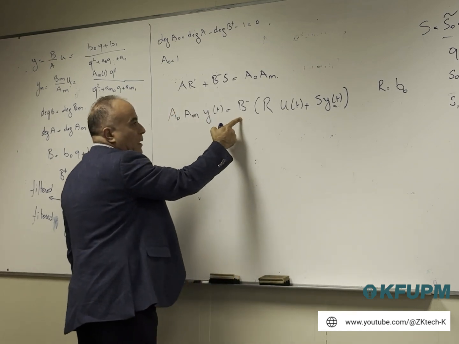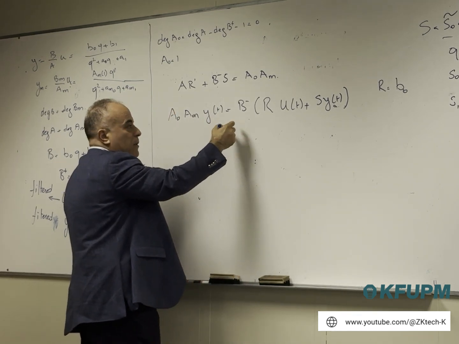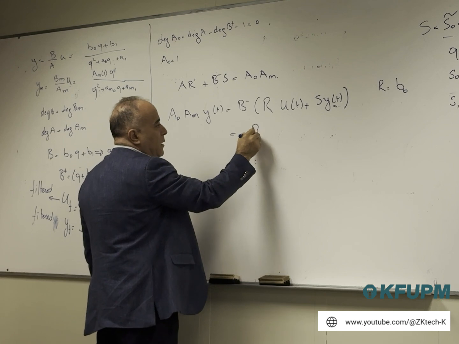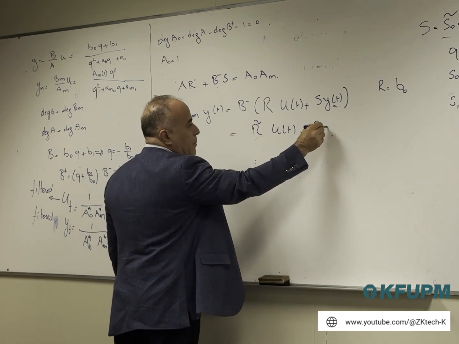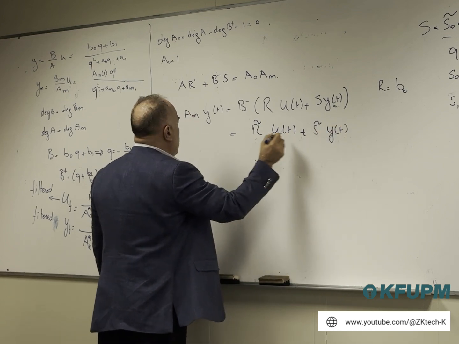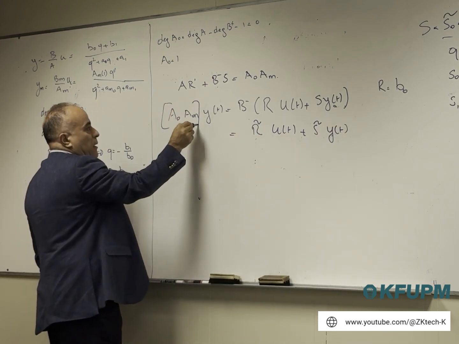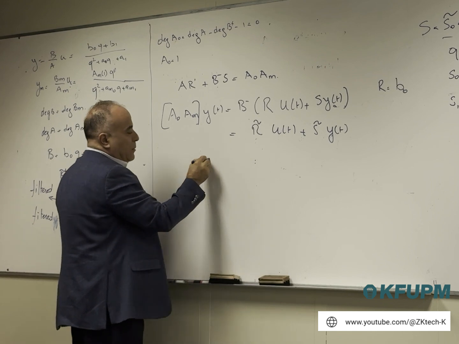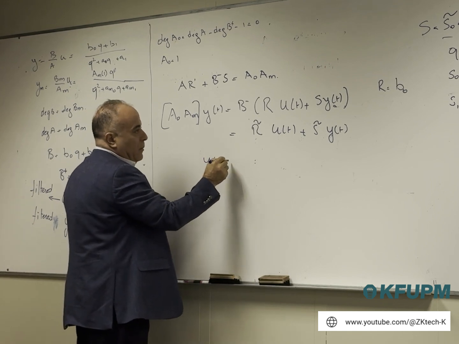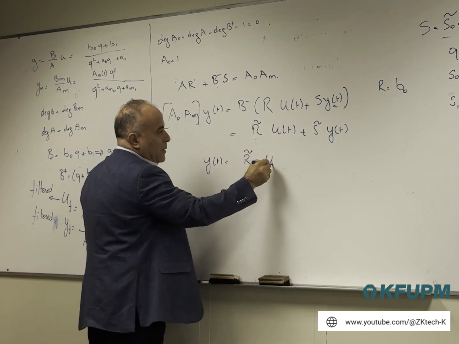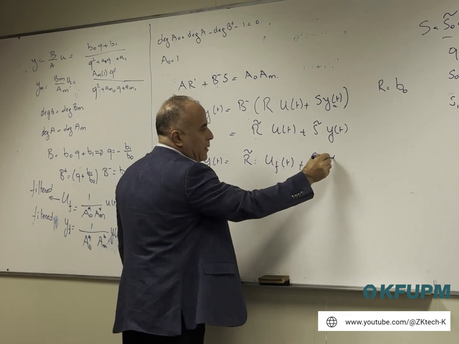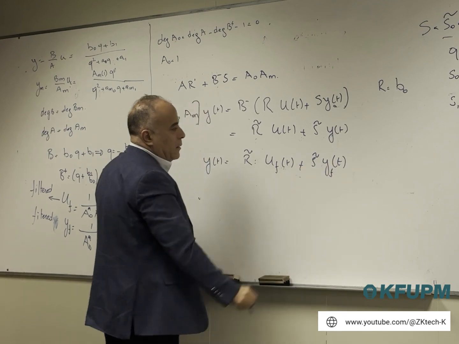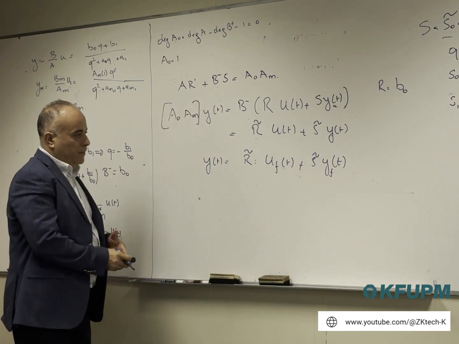So in this case, B minus is equal to B0. But I'm going to call this all as R tilde multiplied by u of t plus S tilde multiplied by y of t. And if I take this and bring it to the right hand side, I'm going to write y of t is equal to R tilde times u filtered of t plus S tilde multiplied by y filtered of t.